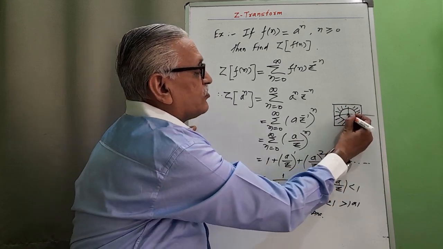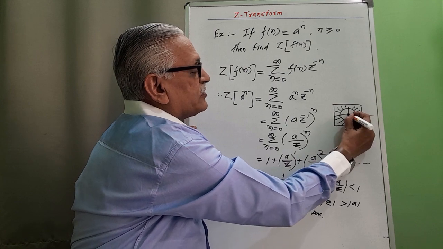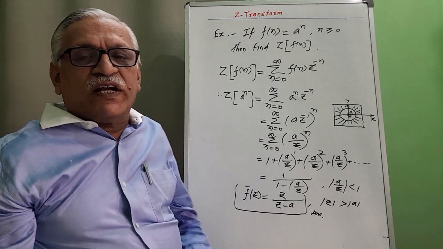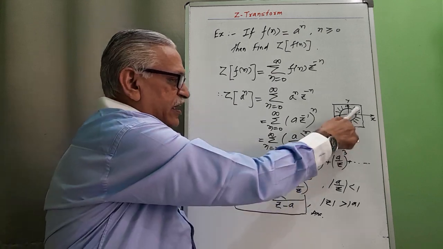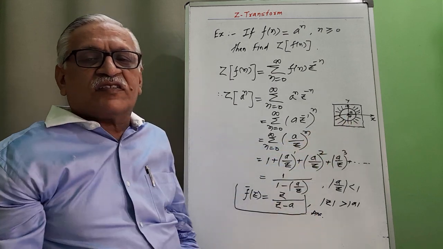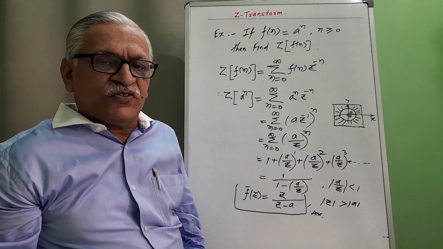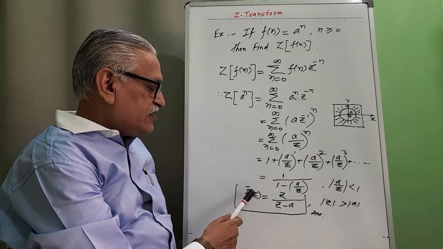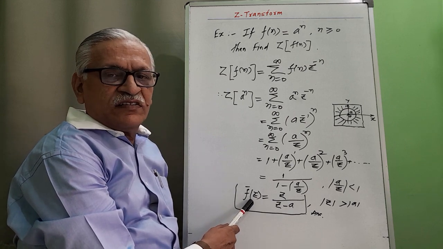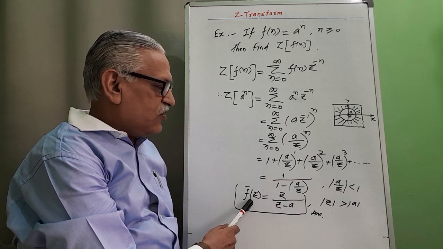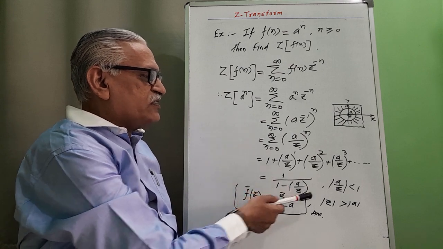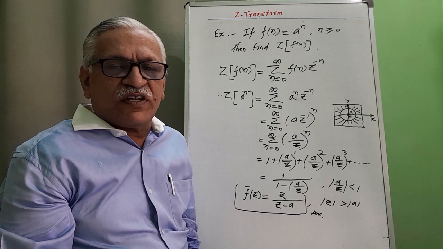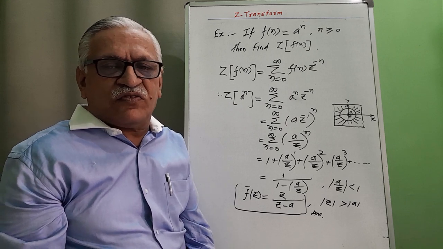This is the origin, and this much distance is a. Therefore, the region of convergence is the exterior part of this standard circle, mod z equals a. Over that region only, this result is valid, or the series is convergent over this region of convergence. Some more examples I will discuss in my next video.